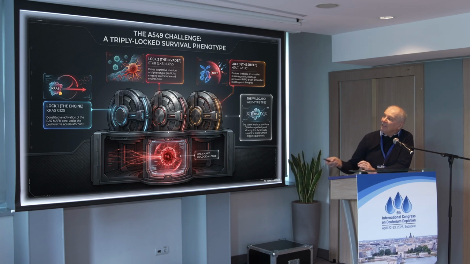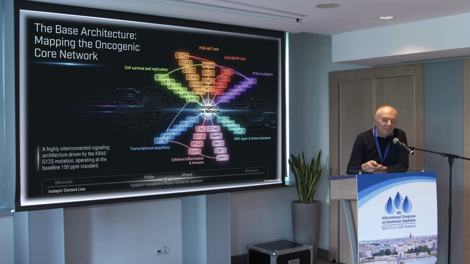So you see this triple protection of the cancer cell, and this is why A549 is such a good model. So if you can have positive effects on this model, then you are in a good place.